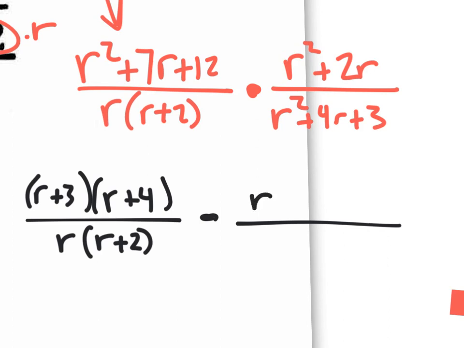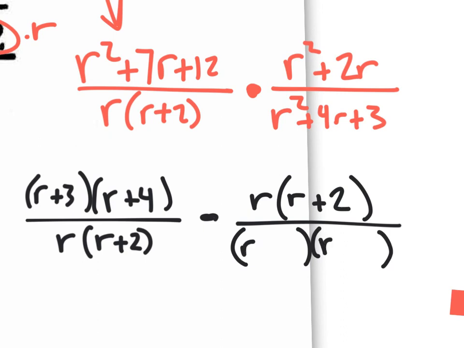An r. And what would be left over if I factor out an r? R plus 2. And on the bottom, we could also factor r here, r there, and we think what times what is 3 that if I combine together is 4? Well, that'll be a positive 3 times a positive 1. That'll give you 3, and if you add it together, it gives you 4.